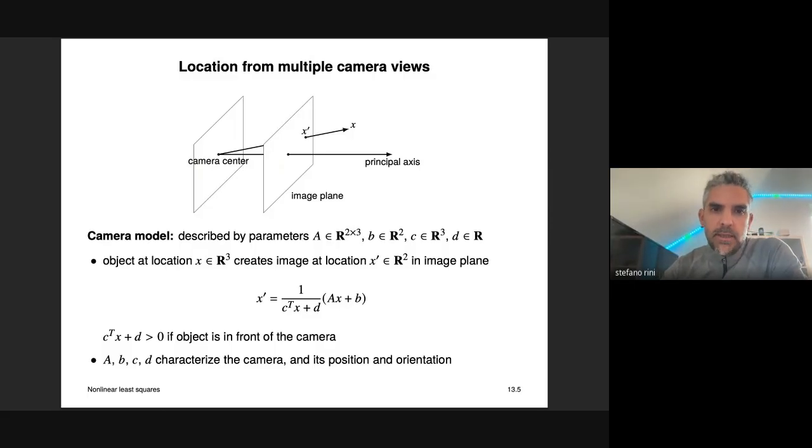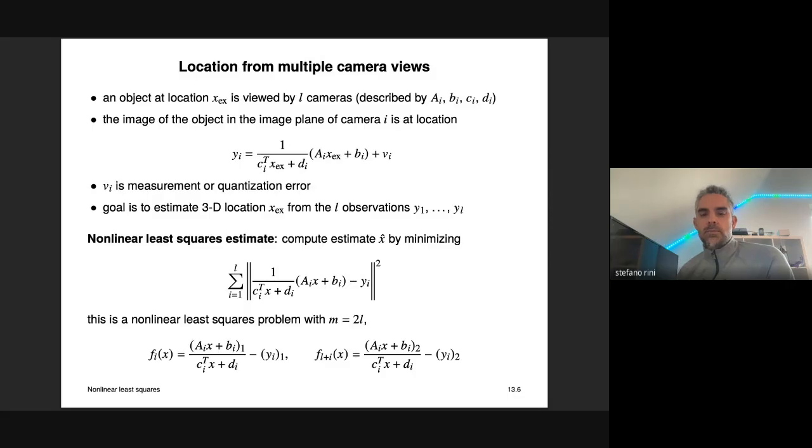Okay, continuing from here. Then we want to set this up as a nonlinear least squares problem. The location X of the target is viewed from multiple cameras, right? So let's say that we have I cameras, and all of them have the characteristics AI, BI, CI, and DI. Then for each of them, we have this relationship between the sensed point yi and the 3D position.